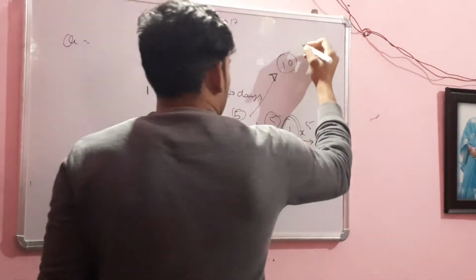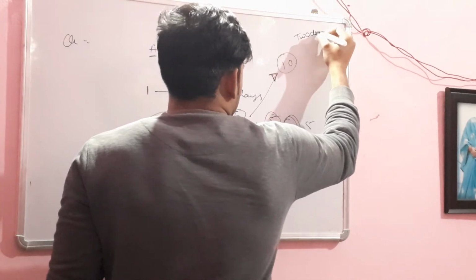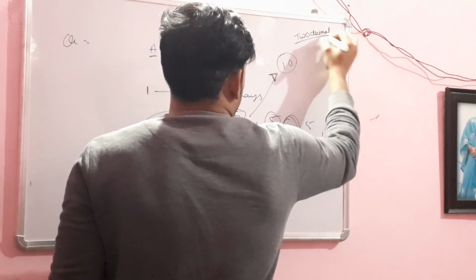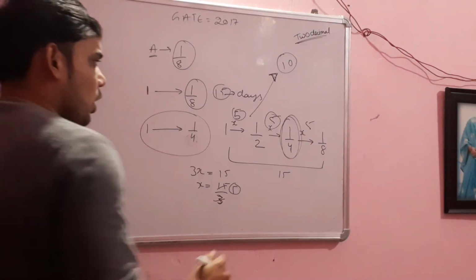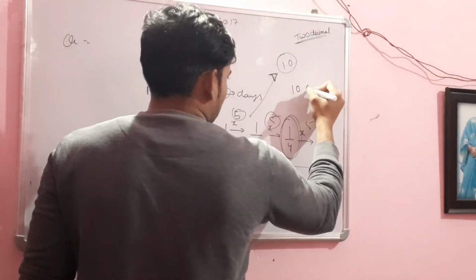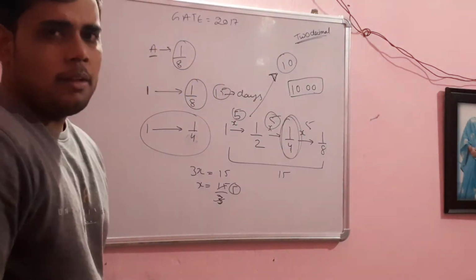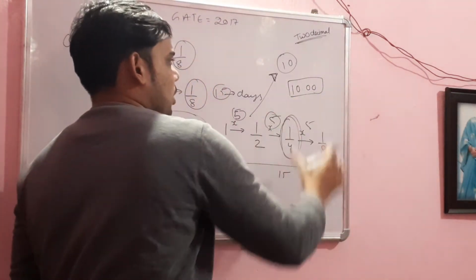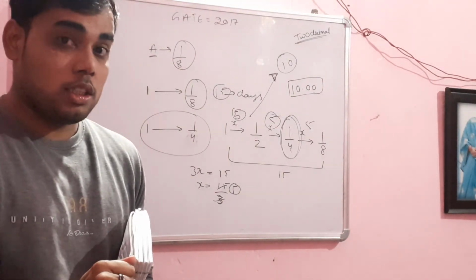If you are asked to fill your answer with 2 decimal places, then what will you do? You will put 10.00. Okay, that is also 10, but this notation will give you the answer. Okay, this will give you marks.